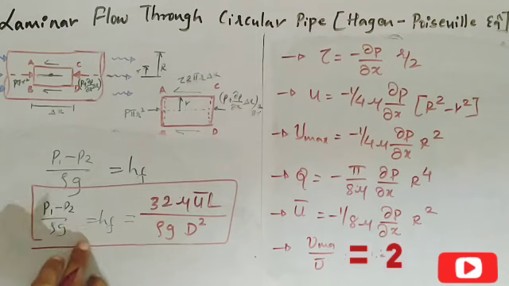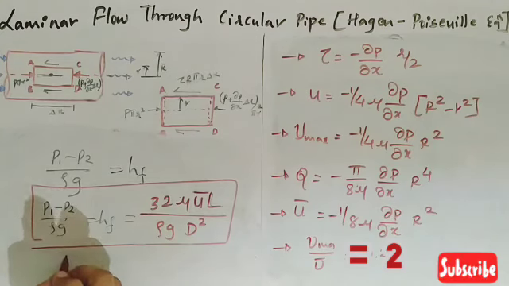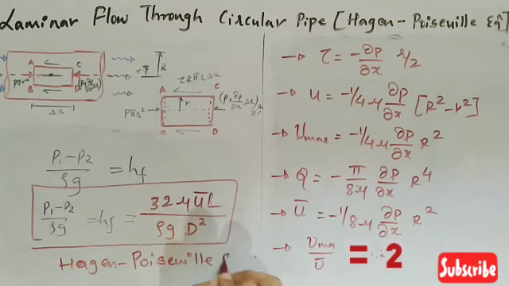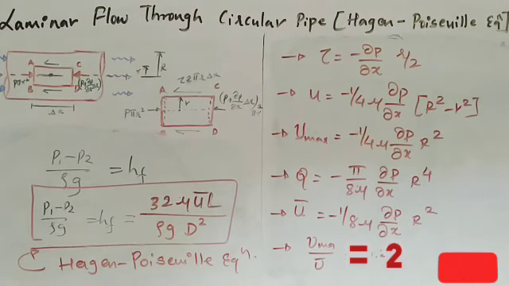Now the Hagen-Poiseuille equation is this: (P1 minus P2) divided by rho g equals HF, which will be equal to 32 mu u bar L divided by rho g d square. These are the very important equations in this derivation.